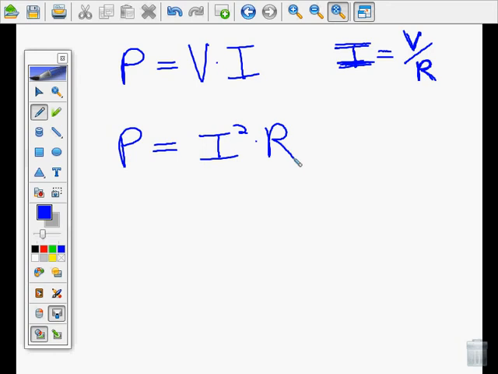And does anyone see the third one? Gary? That's what I'm saying. And I saw that hand up. Brianna, good job. V squared over R. So here you have three power formulas. That gives you a lot of power to choose.